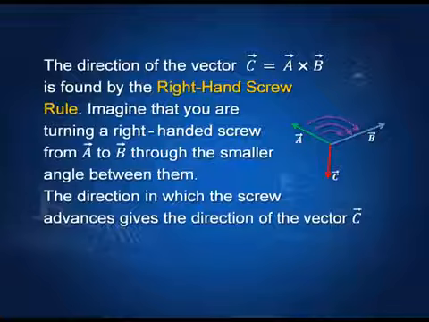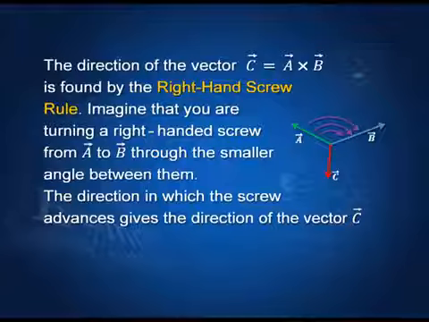Now, if we want to find out the direction of the vector C, which is the vector product of vector A and B, then you imagine rotating this screw from A to B. The arrows show this kind of rotation. So, you rotate from A to B, and what do you find? As you rotate from A to B, you find the screw goes down. That means the vector product of vector A and B is perpendicular to both A and B and is in the downward direction, as shown here.